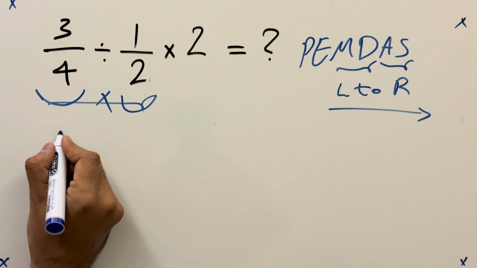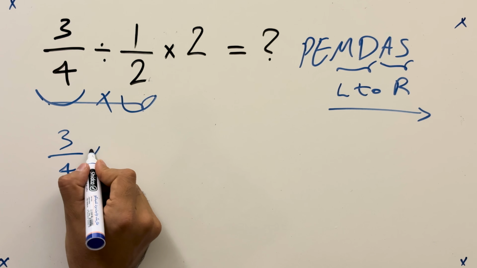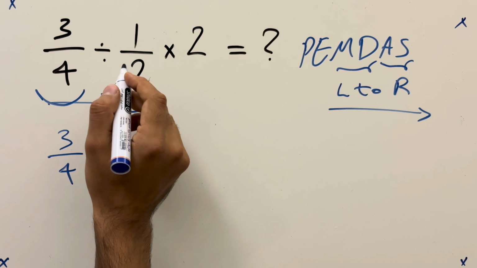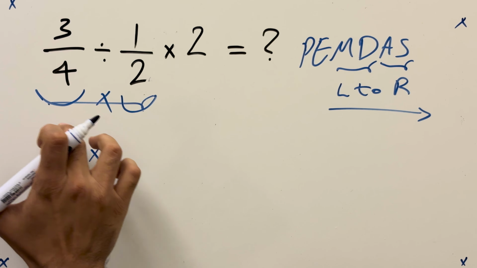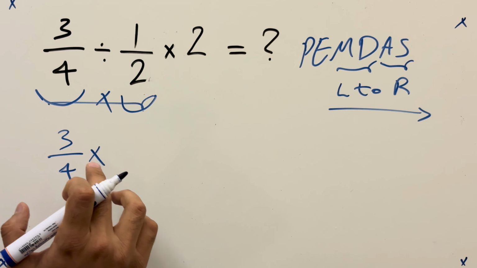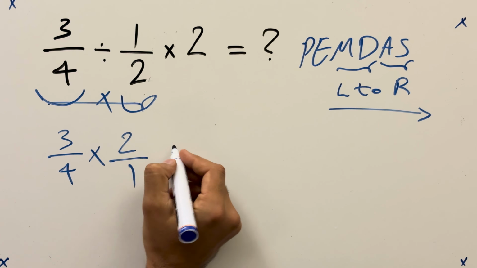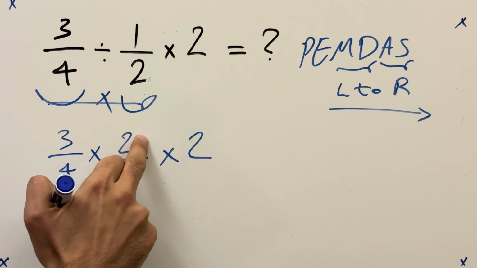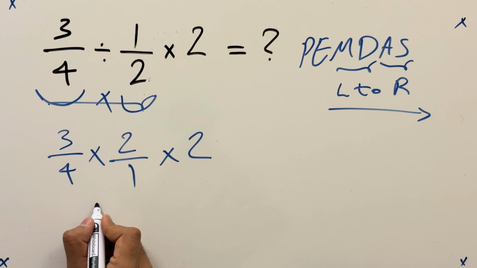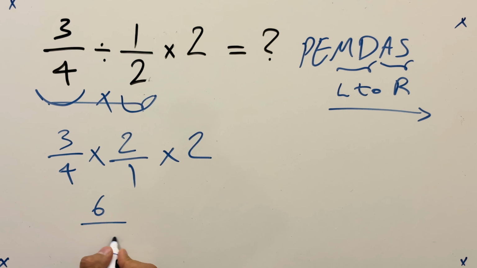So 3/4 divided by 1/2 becomes 3/4 times 2/1 times 2. Okay, now 3 times 2 gives us 6 and 4 times 1 gives us 4, times 2.